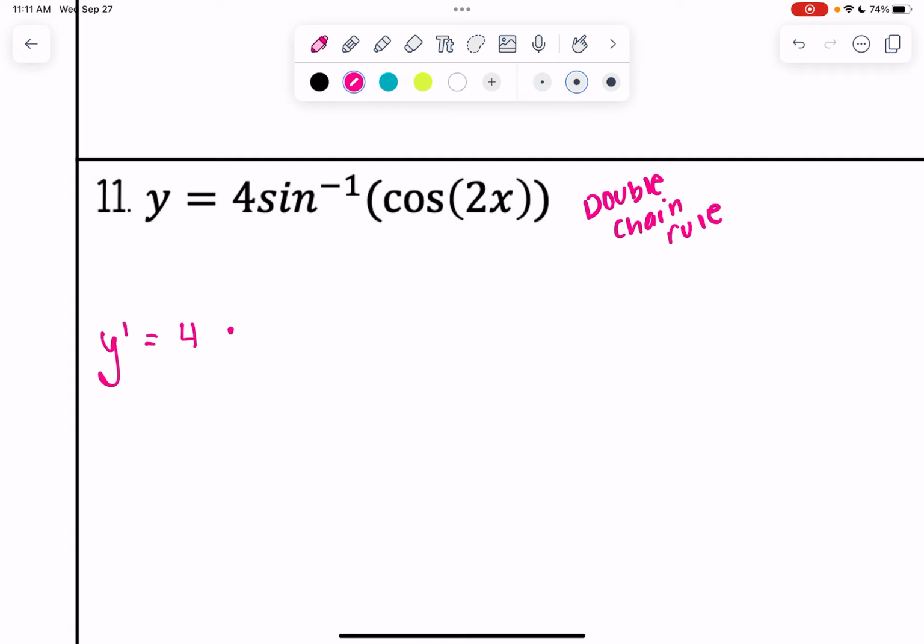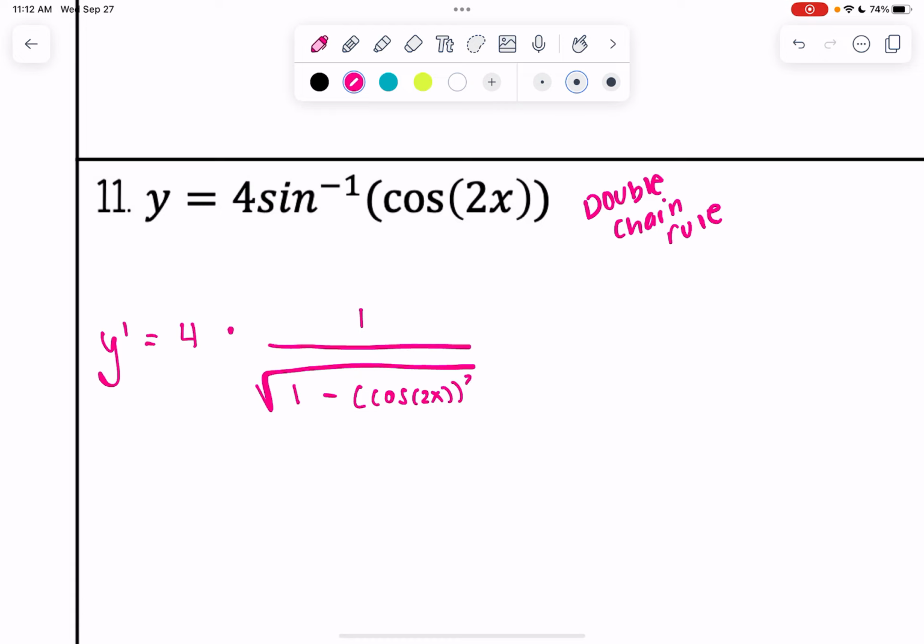The derivative of inverse sine, we're looking at our reference sheet here, is 1 over the square root of 1 minus whatever we were taking the arc sine of, or the inverse sine of, squared. And now we have to multiply by the derivative of what was inside there. So the derivative of cosine 2x is negative sine 2x, but I have another chain rule application there, so times 2.